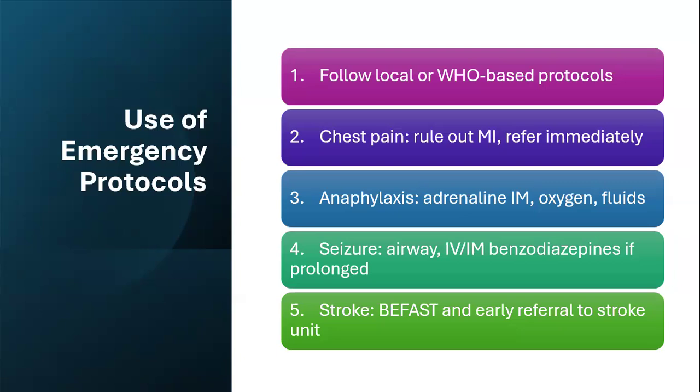And if it is anaphylaxis, you'll have to definitely give IM adrenaline and oxygen and fluids, and then you'll have to transfer the patient to a hospital. If it is a seizure, you'll have to maintain the airway, and you may have to give a benzodiazepine if the convulsion is prolonged.